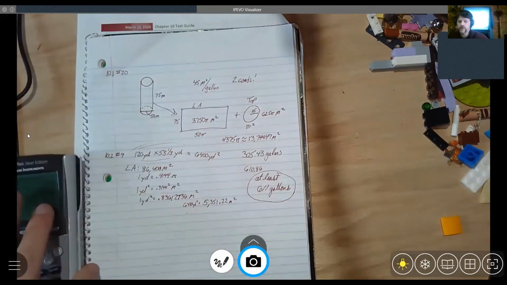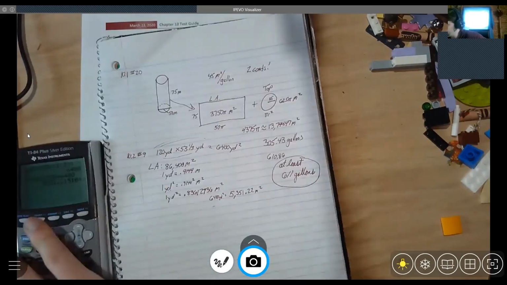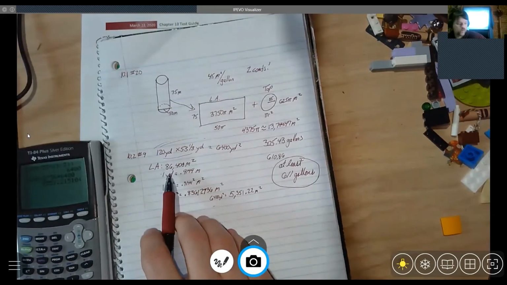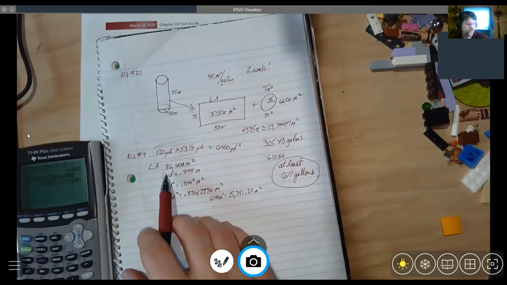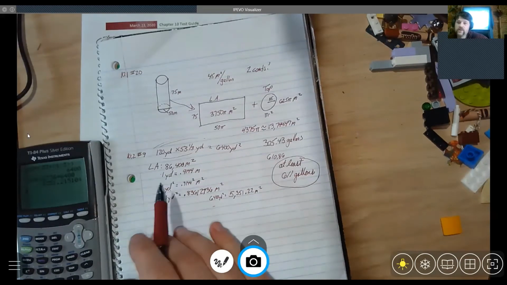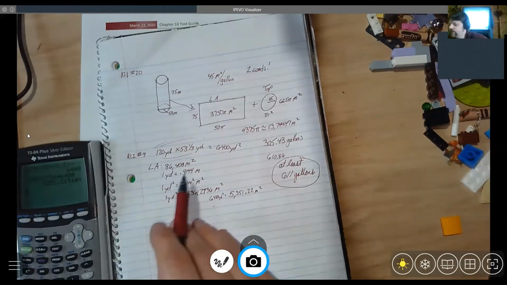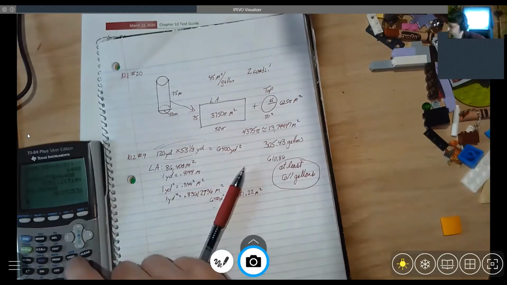Now, looking back at our lateral area for our pyramid, the question was basically how many football fields could fit into the lateral area of Khufu's pyramid.